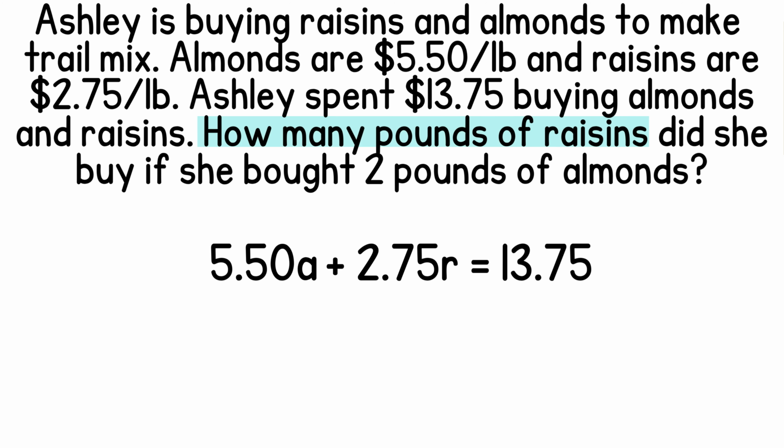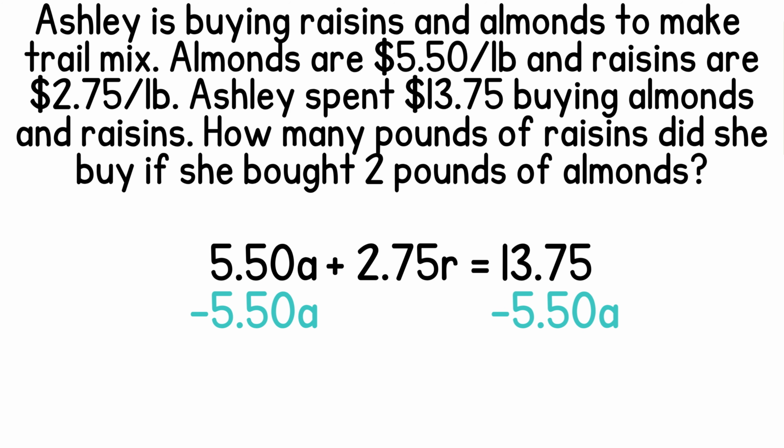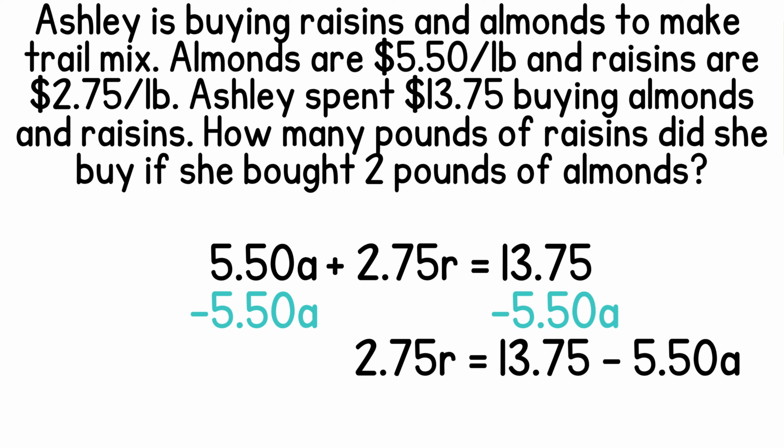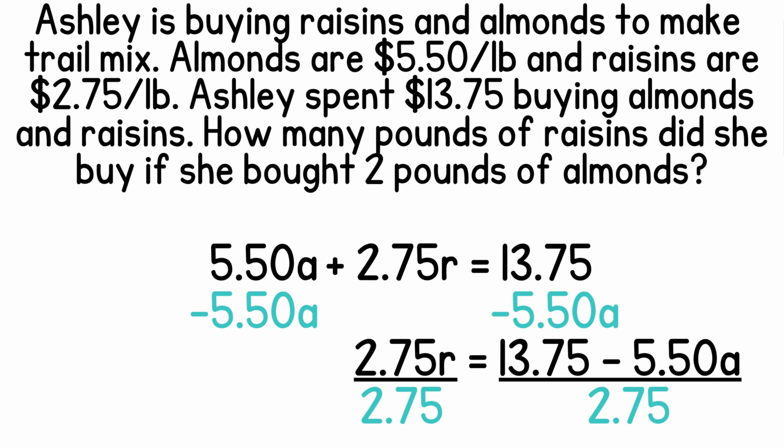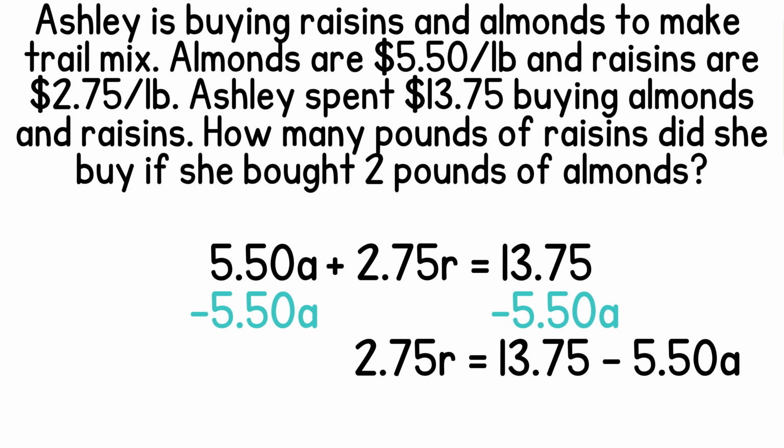Since the equation is asking how many pounds of raisins she bought, we can solve our equation for R to find the answer. So we want to isolate the variable R. We'll start by subtracting 5.50A from both sides. This gives us 2.75R is equal to 13.75 minus 5.50A. Now we'll divide both sides by the coefficient of 2.75.